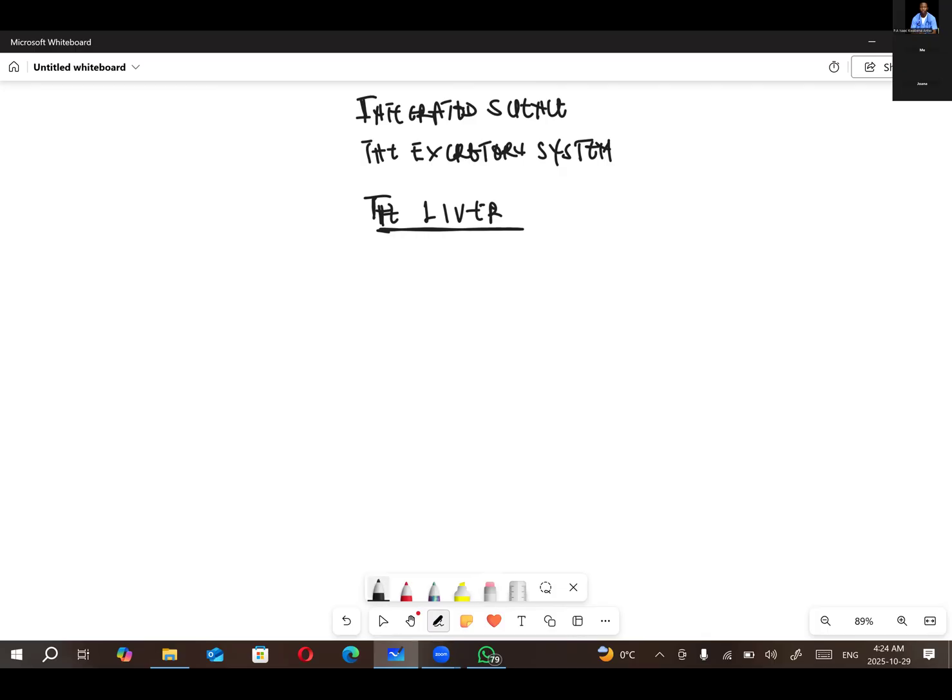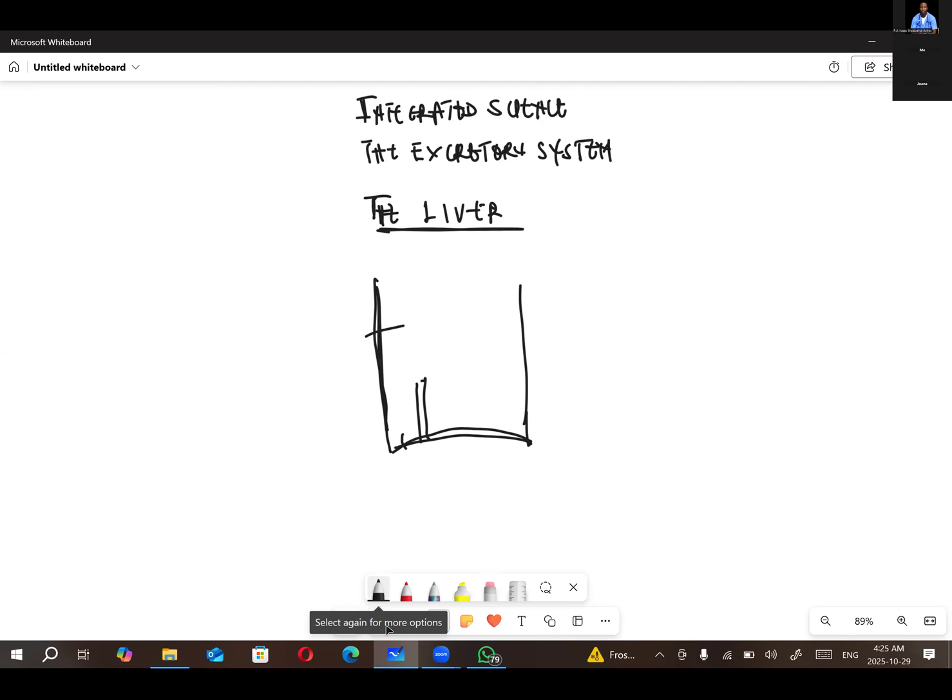If this is you, this is your waist. The liver is just above your waist. Above your waist is your abdomen, and it's on the right side. Upper right of the abdomen. And it's the largest organ.